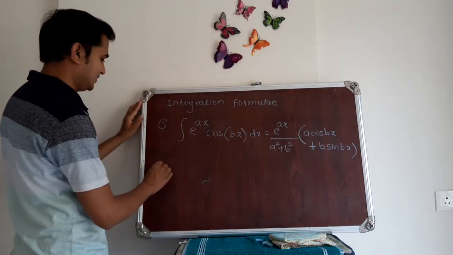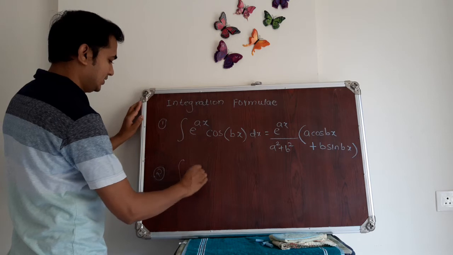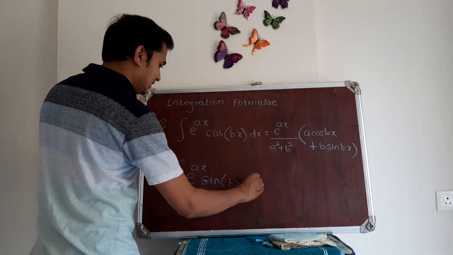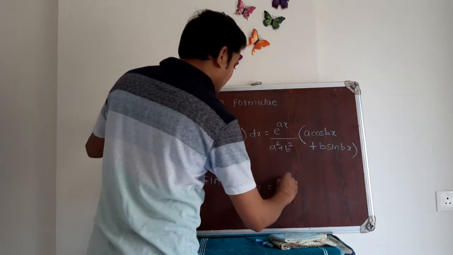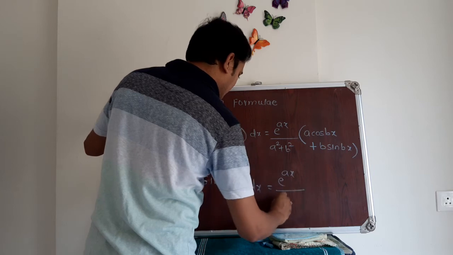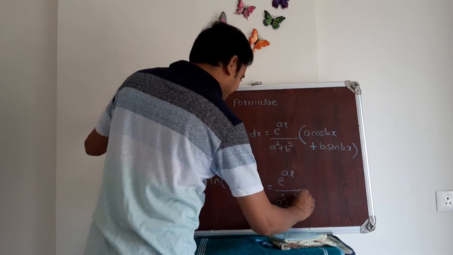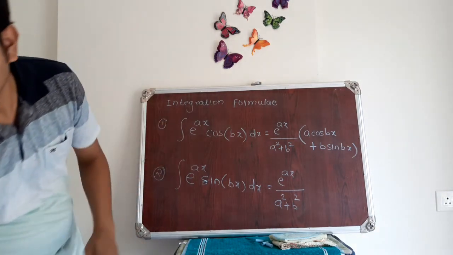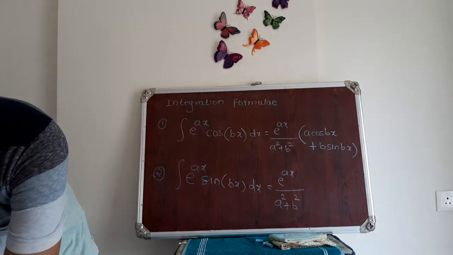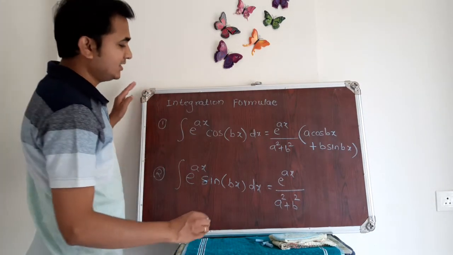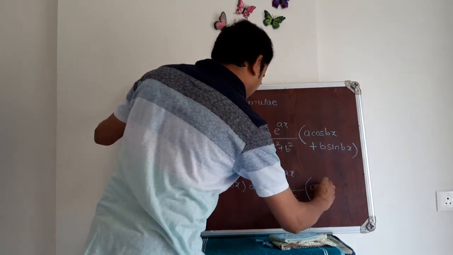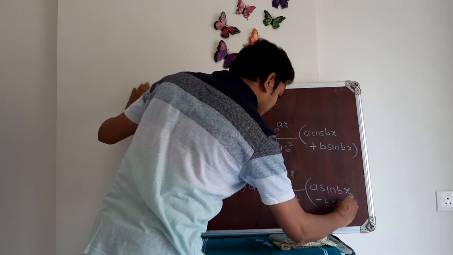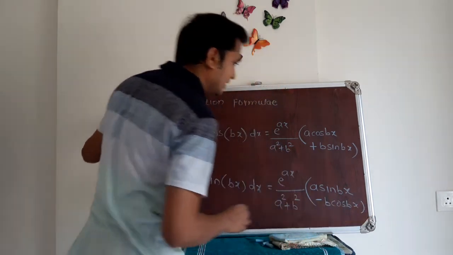And second, integral e raised to ax sin of bx dx is e raised to ax upon a square plus b square, then a sin bx minus b cos bx.